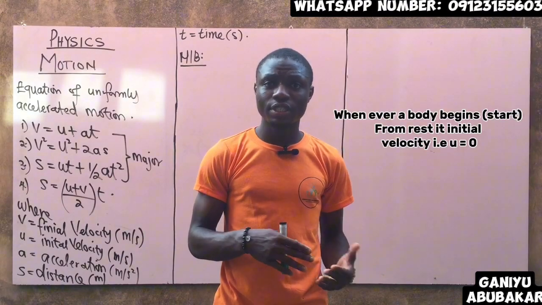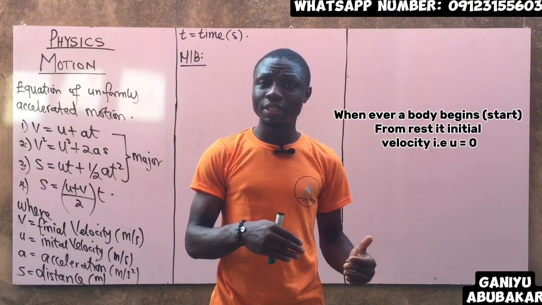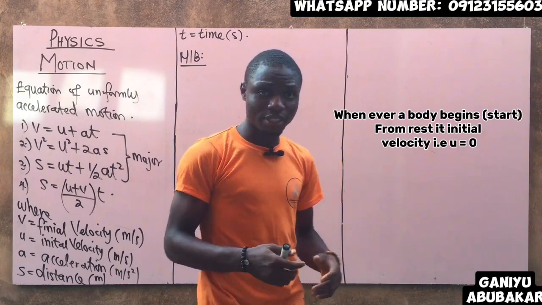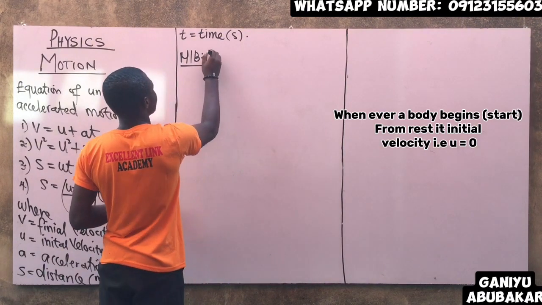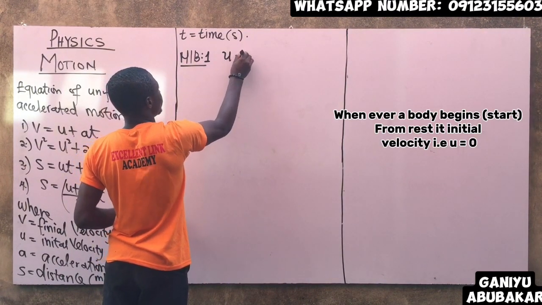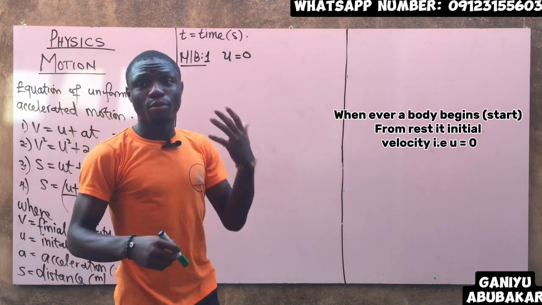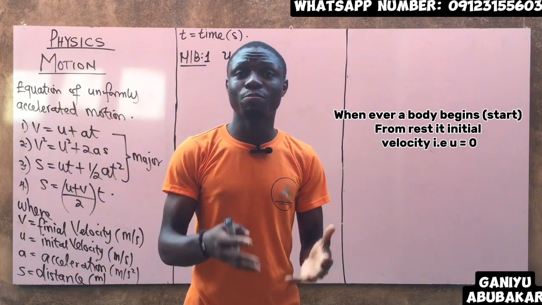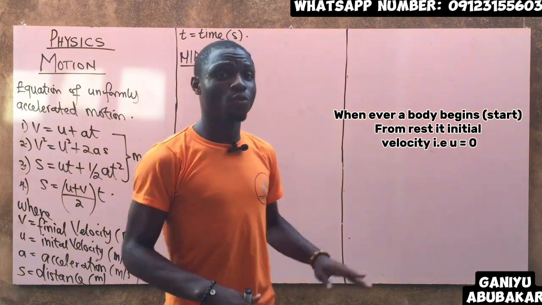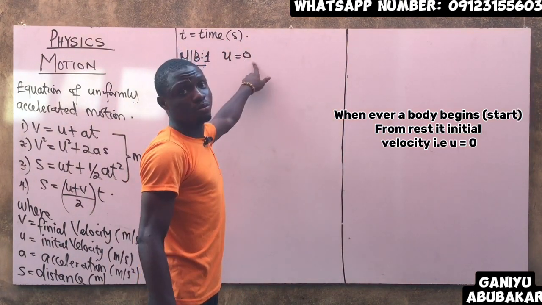Whenever a body starts or begins from rest, its initial velocity, that is u, is equal to 0.